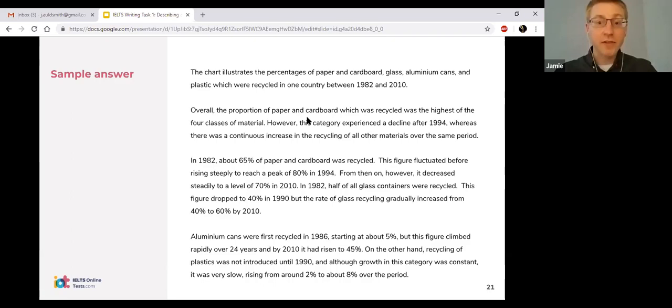It might be helpful to mention a date or maybe a peak, like 1 or 2 figures, to illustrate the main point, but you're not using it to describe the trend in detail. You're just highlighting the key information. So as a rule of thumb, do not use the figures in the overview.